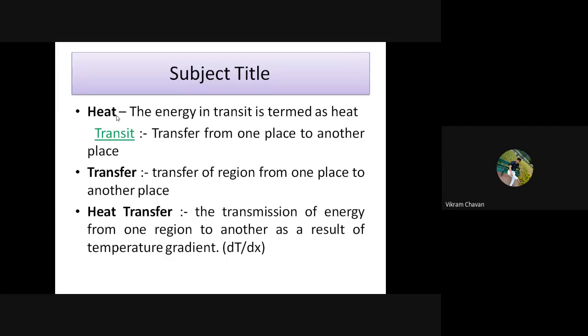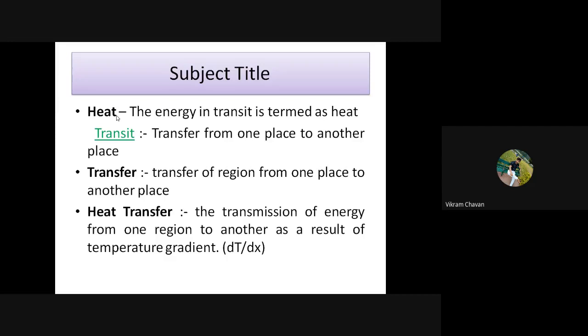So combined, we can define heat transfer as the transmission of energy from one region to another region as a result of temperature gradient.